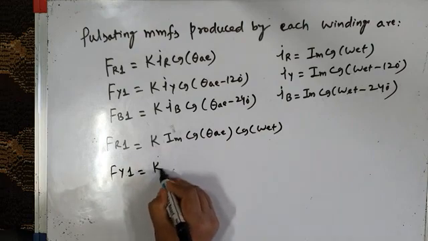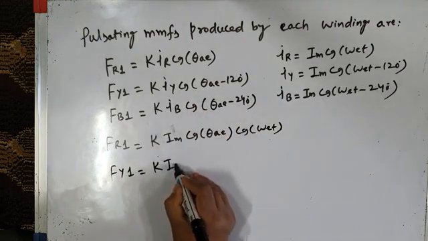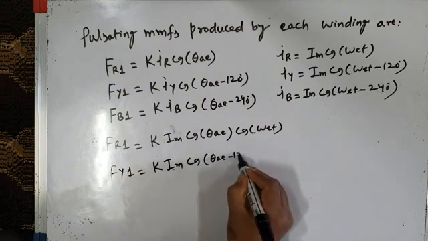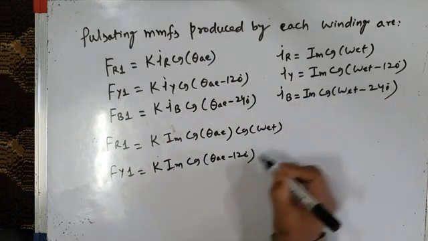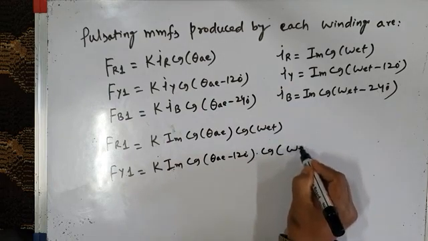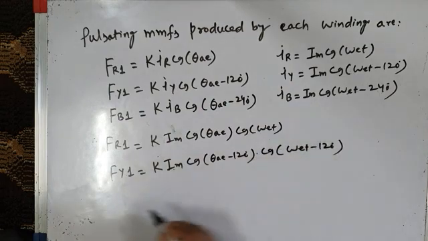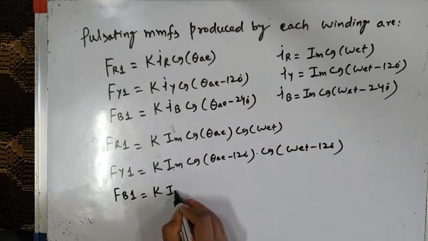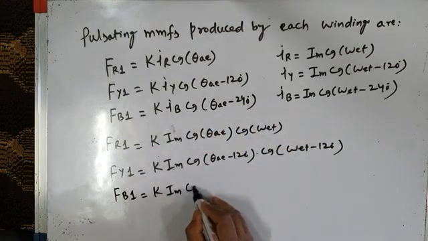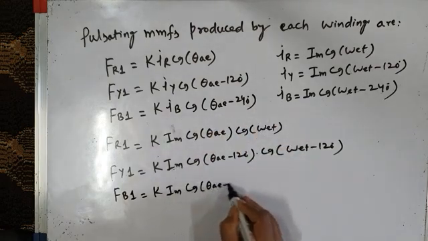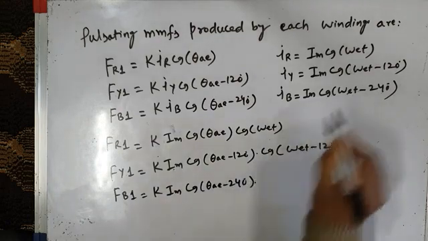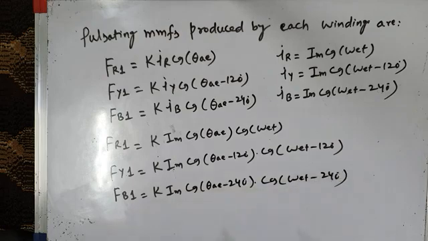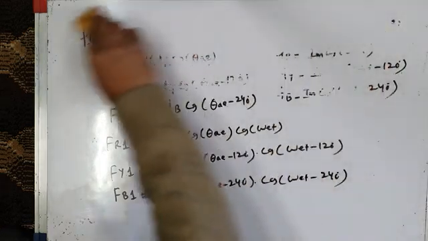FY1 will be equal to K into IM, let me write the cosine term first, cos of theta AE minus 120 degrees, and then the current term, cos of omega ET minus 120 degrees. Similarly, FB1 is equal to K into IM. I will write this term first, cos of theta AE minus 240 degrees, into this term, cos of omega ET minus 240 degrees. Fine. So I have three equations now.